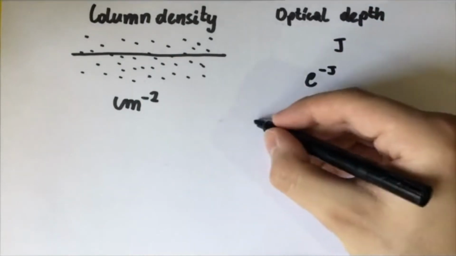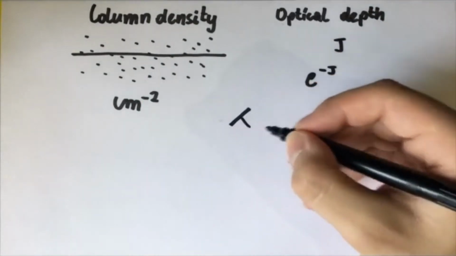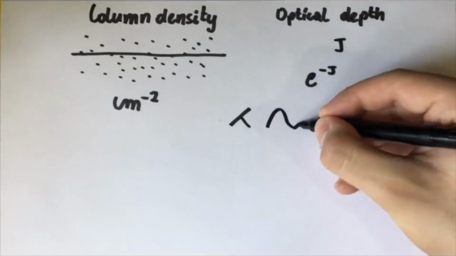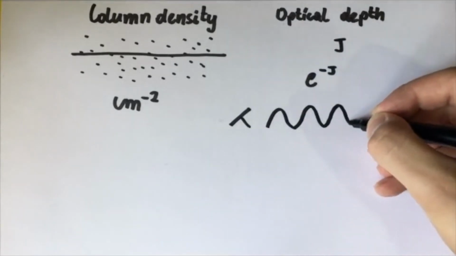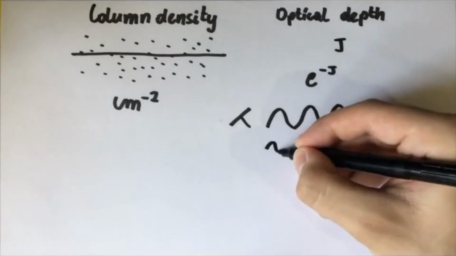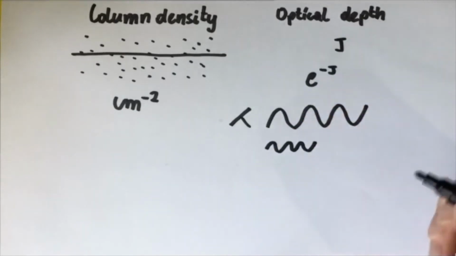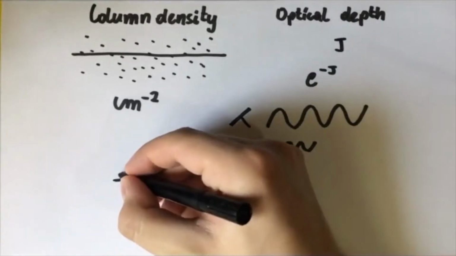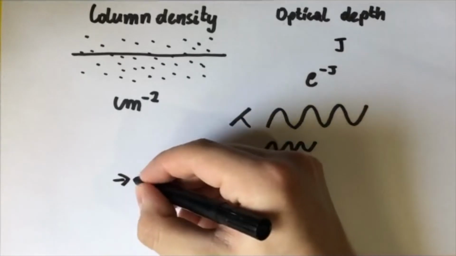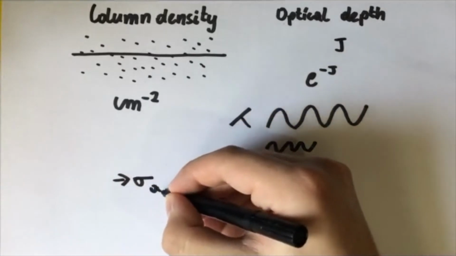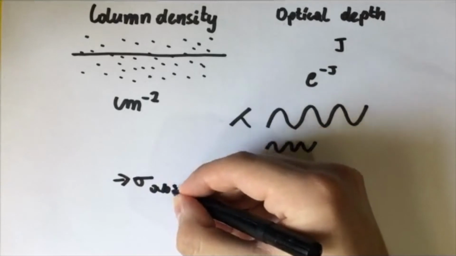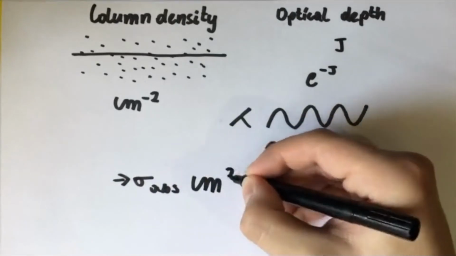As you can imagine, this quantity will also be dependent on the flux wavelength, and the relation between the column density and the optical depth is described by a parameter known as sigma ABS.